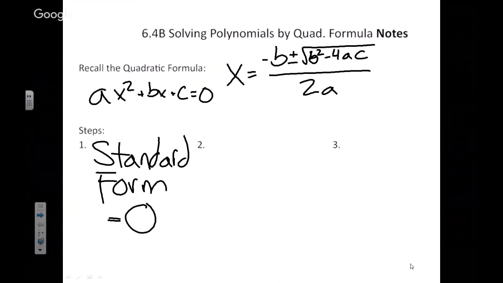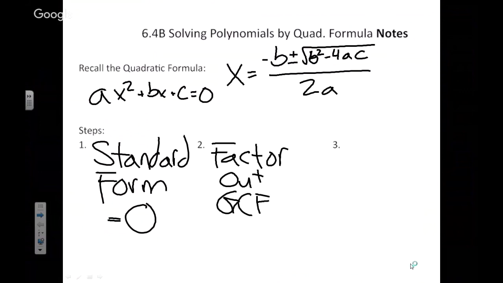The second step is to factor out the greatest common factor. So that's just, if you have something that can be multiplied by everything that you have, you can take that out and put it in front of everything in parentheses. We'll see what that looks like when we go to number 1.